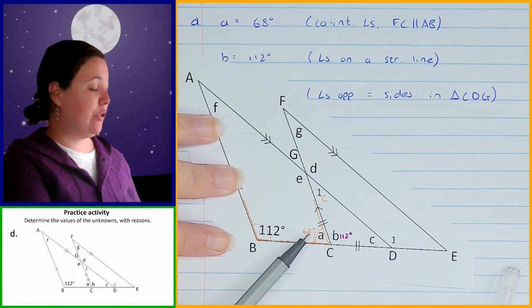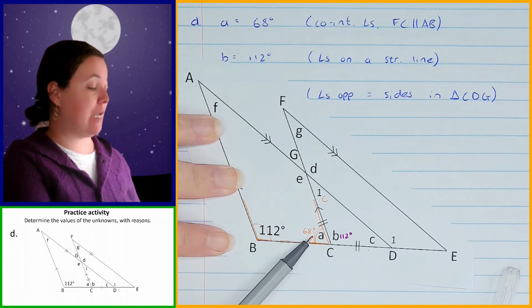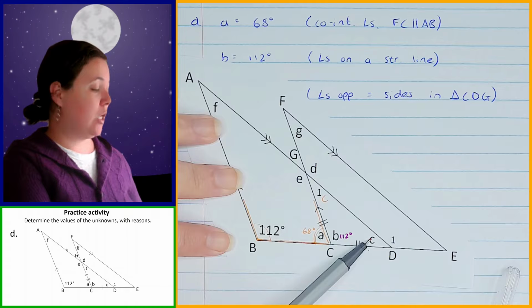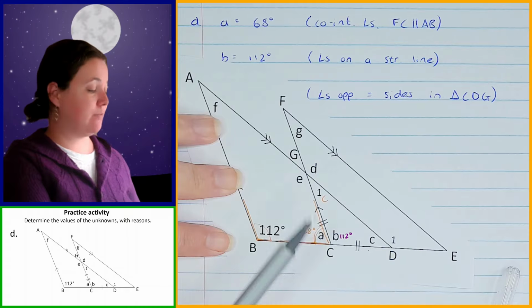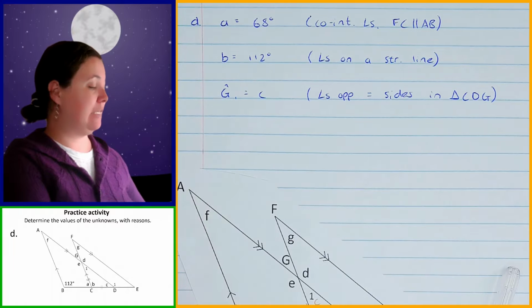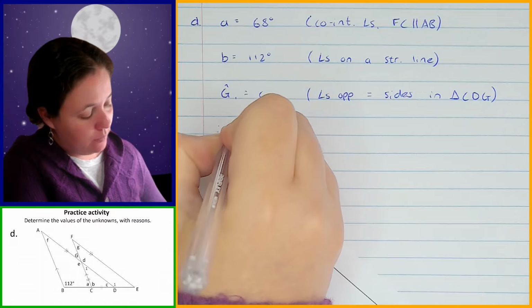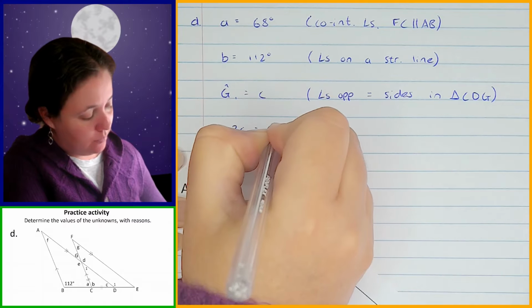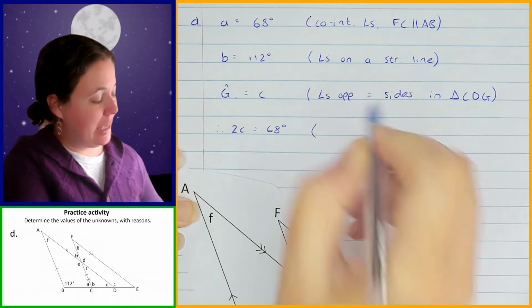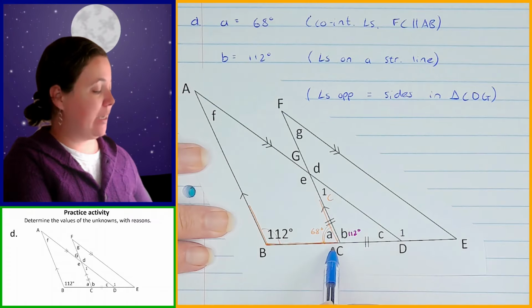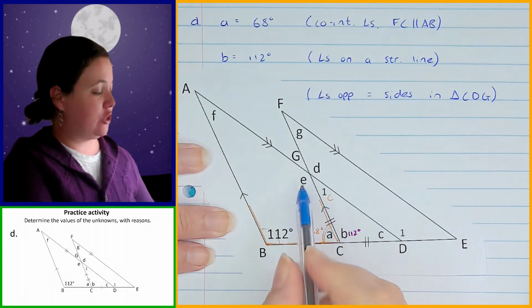Remember, the exterior angle of a triangle is equal to the sum of the opposite interior angles. So C plus C will equal 68 degrees. Okay, so 2C is equal to 68 degrees. And the reason I can say that is because of the exterior angle of triangle CDG.